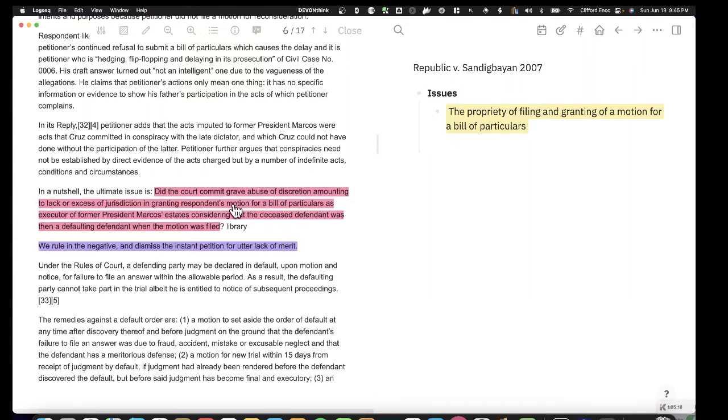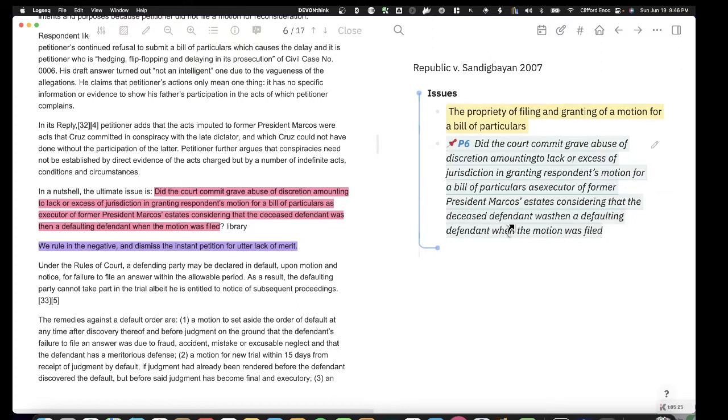Did the court commit grave abuse of discretion amounting to lack or excess of jurisdiction in granting respondent's motion for a bill of particulars as executor for Marcos estate, considering the deceased defendant was then a defaulting defendant when the motion was filed? So, ang rule, it's negative.